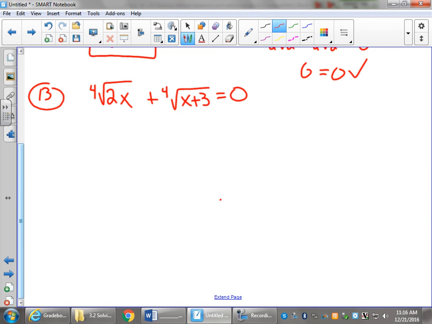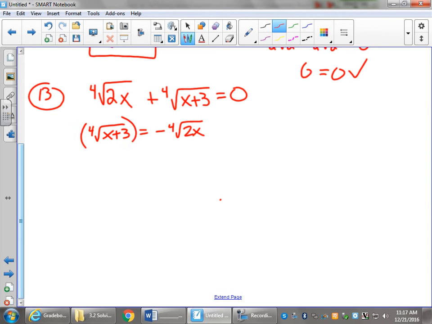Does it matter which one you move to the other side? No. I'm just going to move the first one. When I move it over, it's going to become negative, because we're subtracting it over. If we have fourth roots, what will we raise both sides to? 4. To the fourth. Not 1/4, but 4.